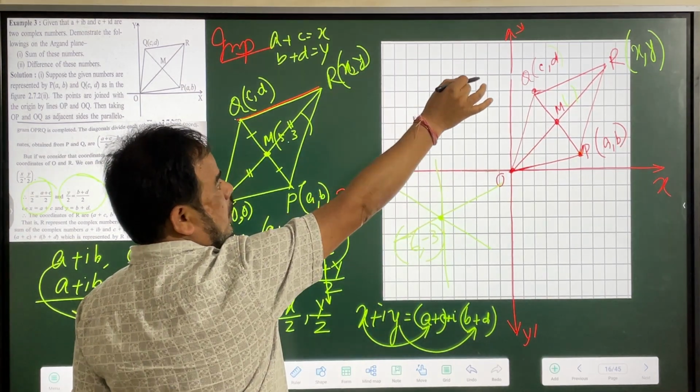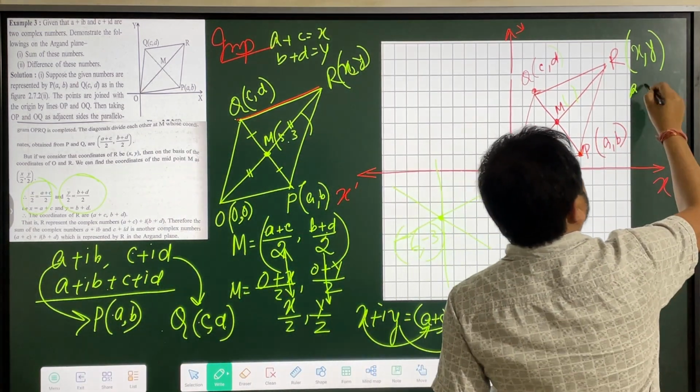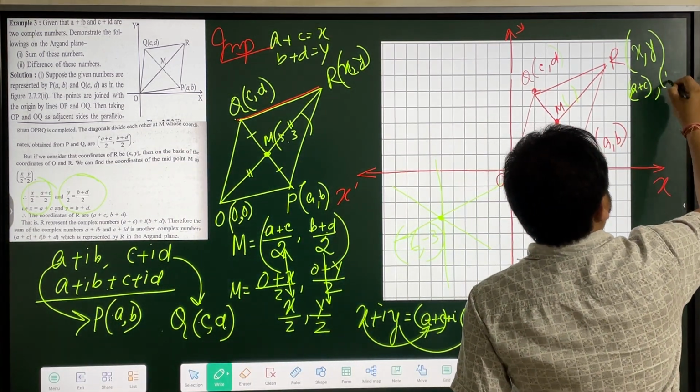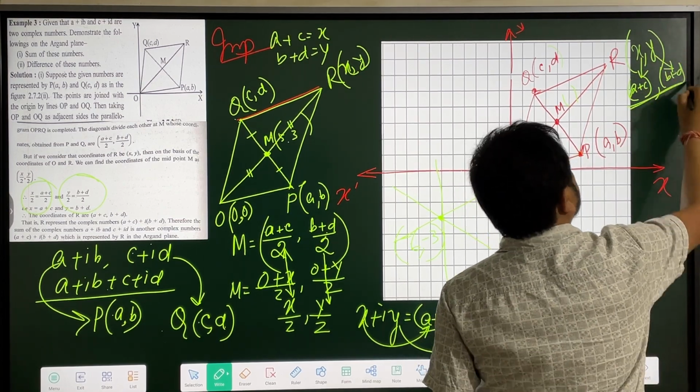So in place of R as x, y, we can write A plus C, B plus D. X means A plus C, Y means B plus D. So this is the coordinate.